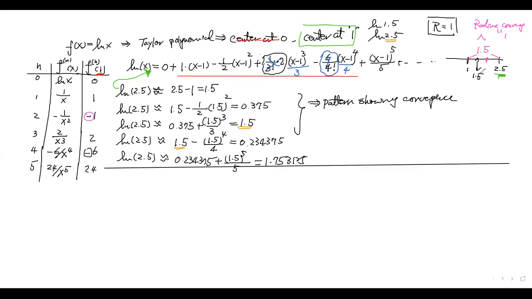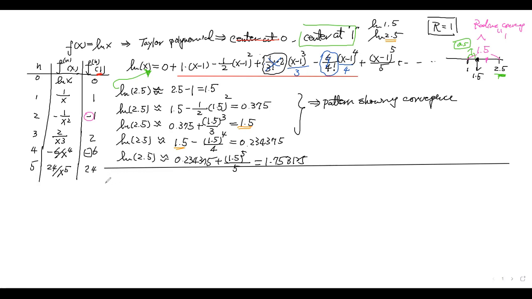This is 1, this is 1.5, so the distance here is only 0.5. So it's inside the radius of convergence, and I expect it is going to work. Let's take a look.